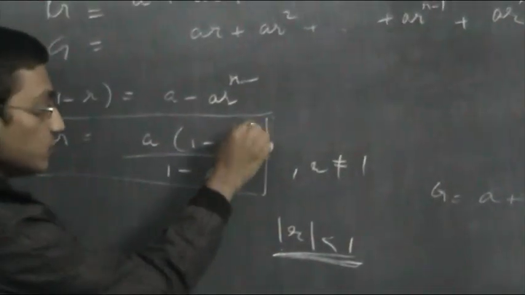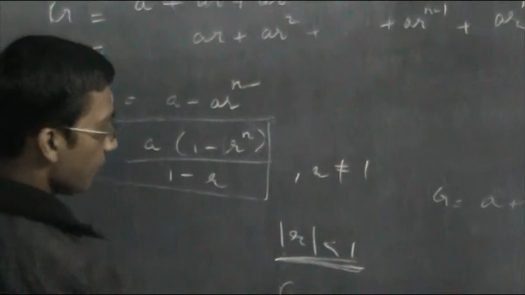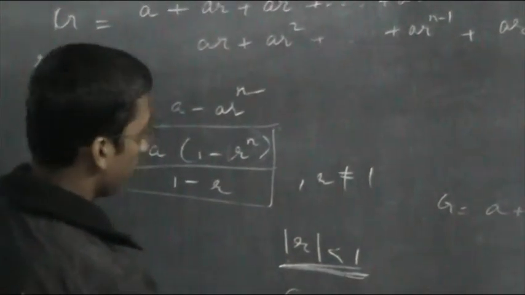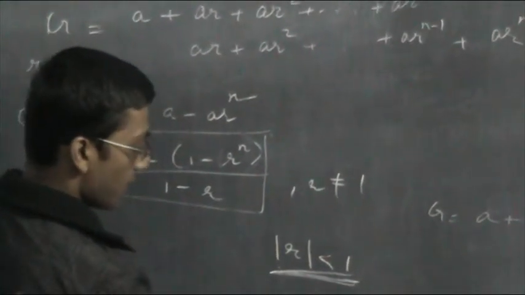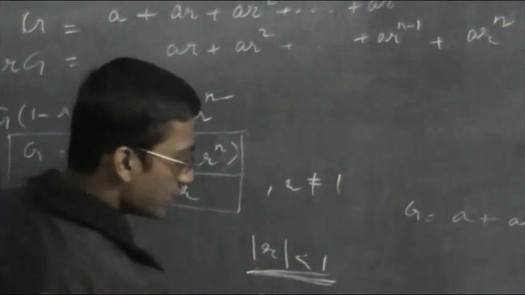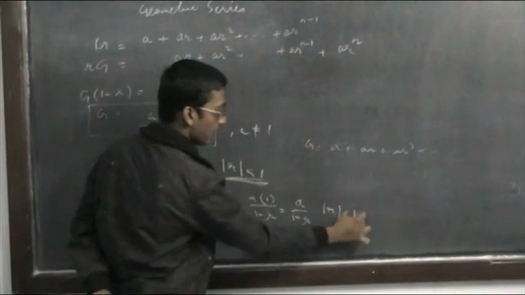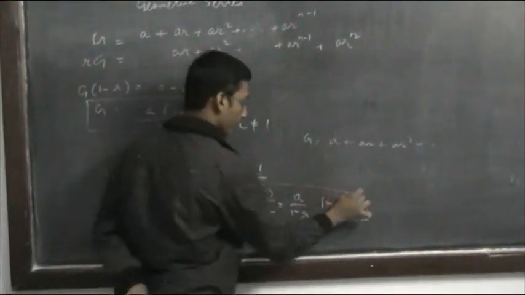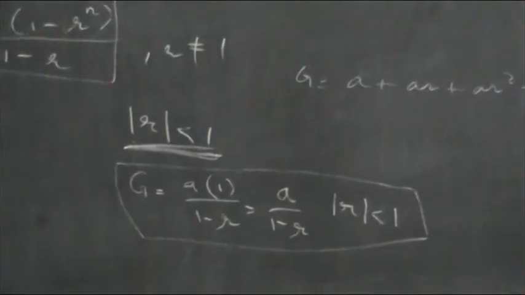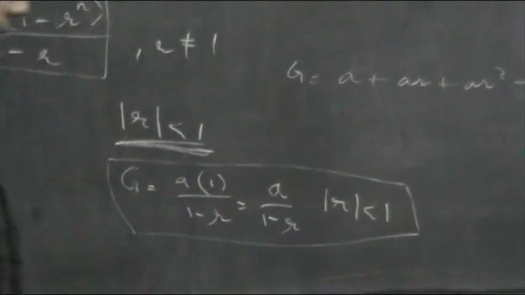Therefore, this will tend to 0. As a result, the sum of the infinite geometric series will be A into 1 by 1 minus R, which is A by 1 minus R. This is when mod of R is less than 1.